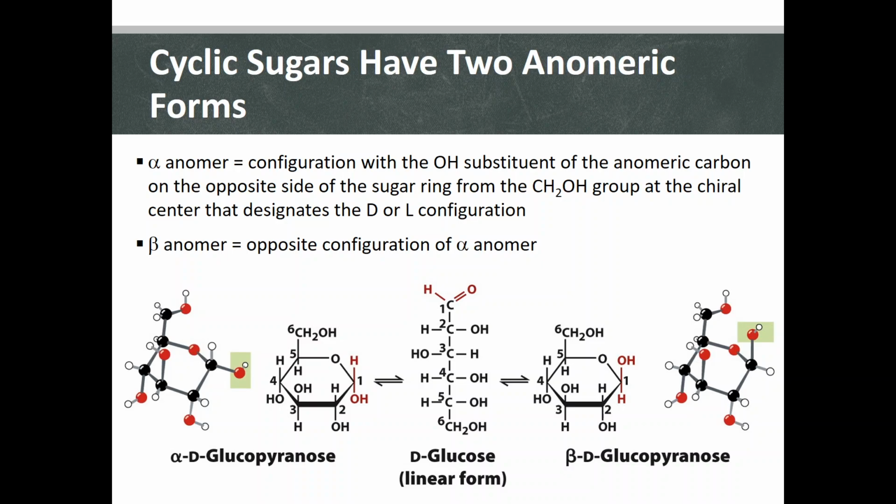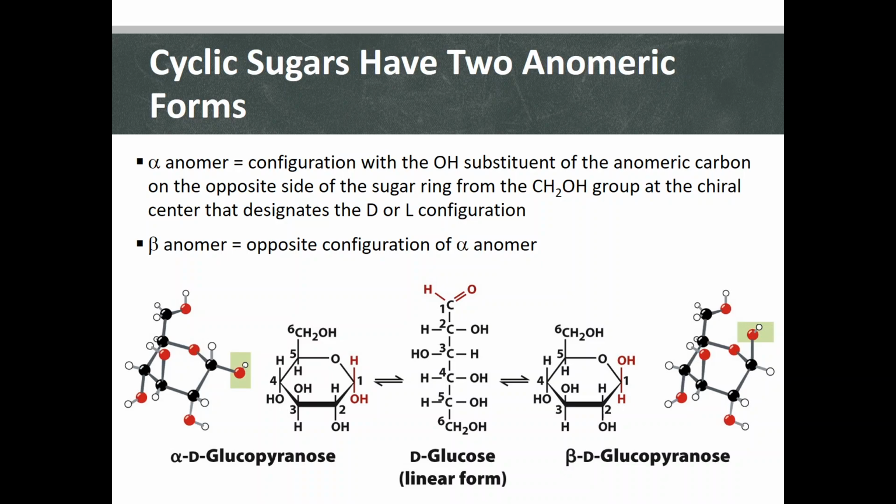But how do you know which way is up or down? What if we have mistakenly oriented the molecule in a weird way? Well, your benchmark is the positioning of the C6 alcohol. So if you look at the C6 alcohol over here, as shown, it is pointed up above the plane of the sugar.